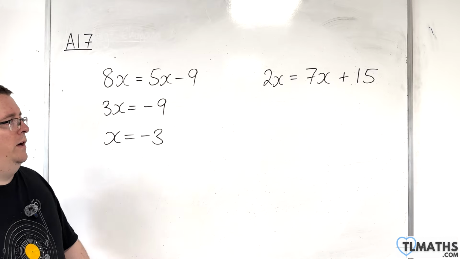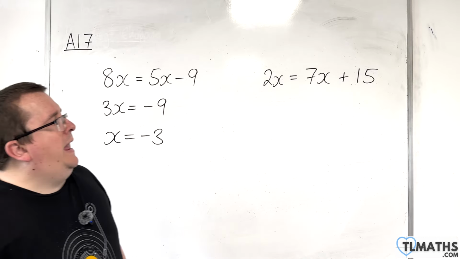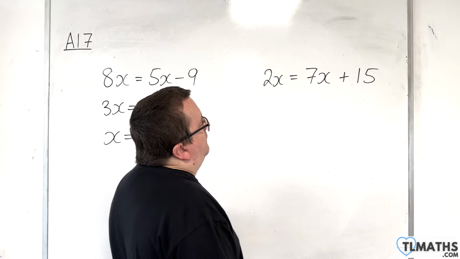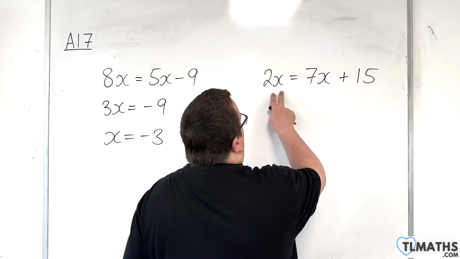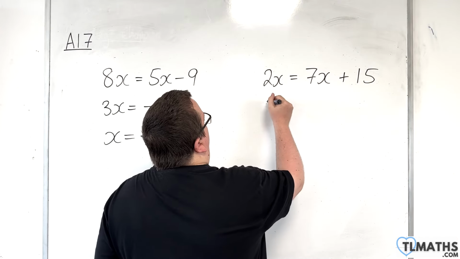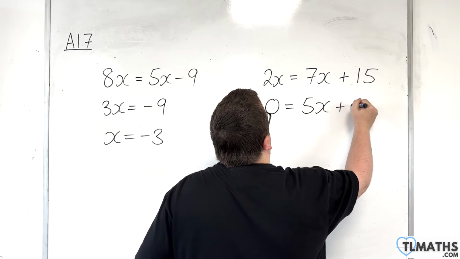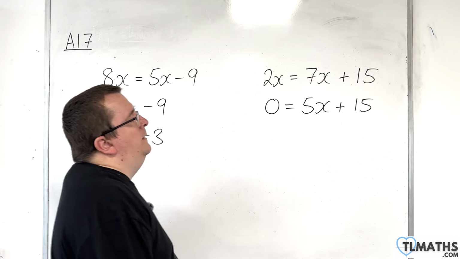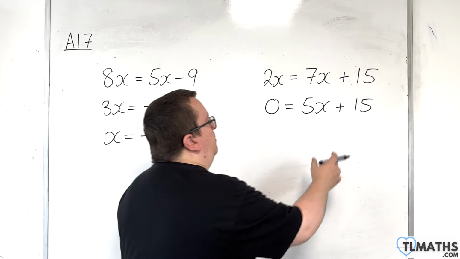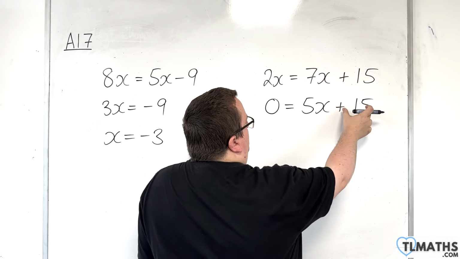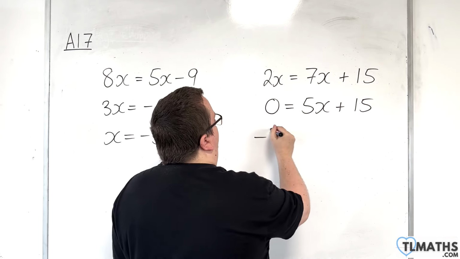Okay, great, works perfect. If you subtract the smallest value of x from this one, that's the 2x. So if you subtract 2x from both sides, you're going to get 0 on the left-hand side is equal to 5x plus 15. Then, because I've got the 5x plus 15, let's subtract the 15 from both sides.